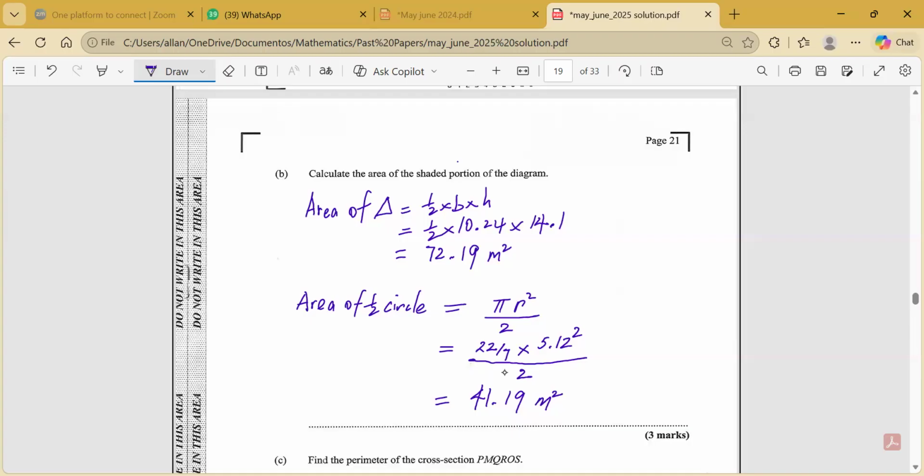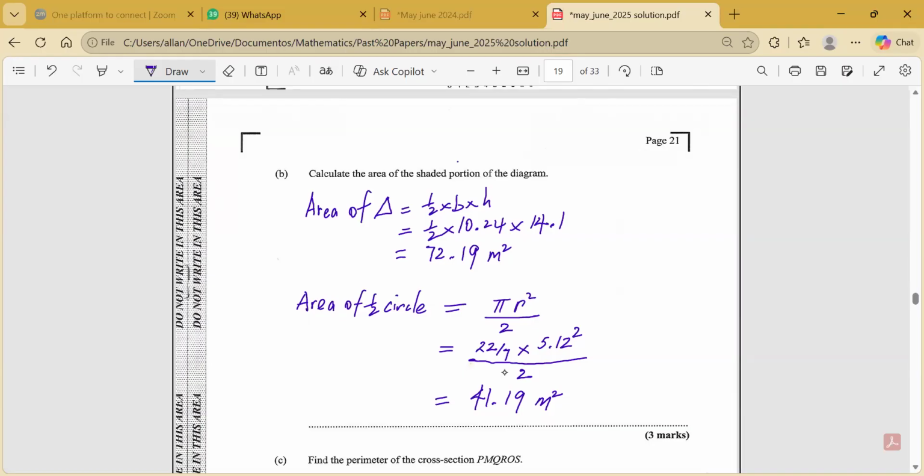You're supposed to get 3.142857. Yes, sir, I get that. Right, now multiply and put 5.12 and then click squared. How much are you getting? I get 82.388. Right, and now just click divided by 2. Yes, sir, I get 41.19.